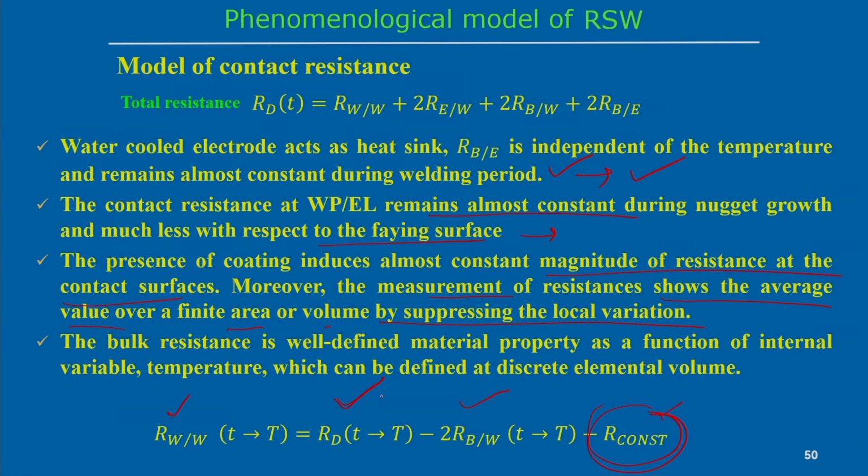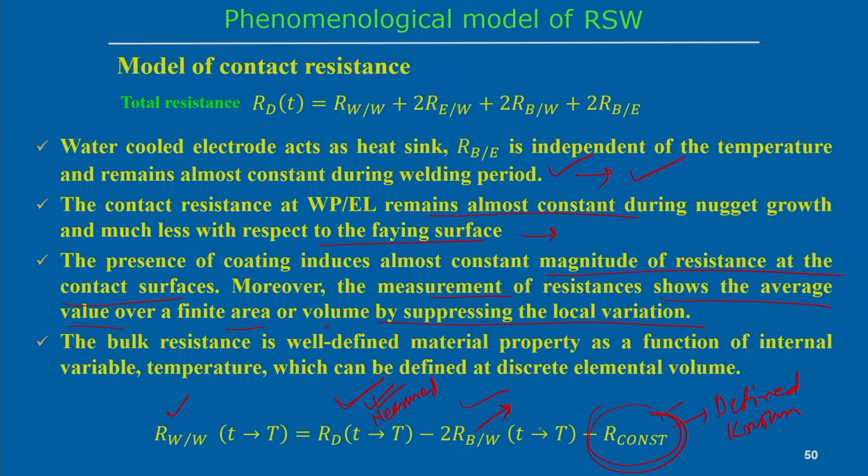So, this is well known, defined, and measured for a combination of materials. If we know the bulk resistance of a workpiece material, then we can find the value of the contact resistance between the two workpieces.